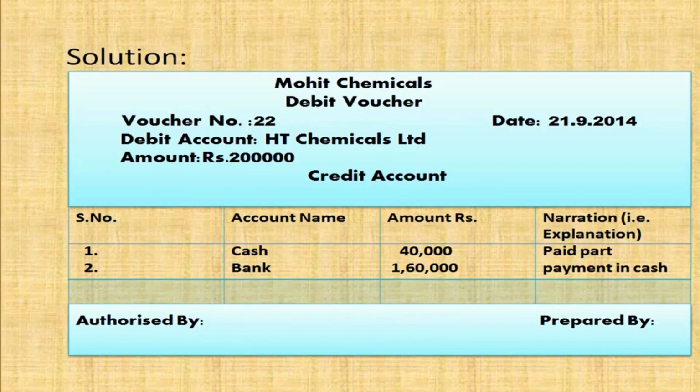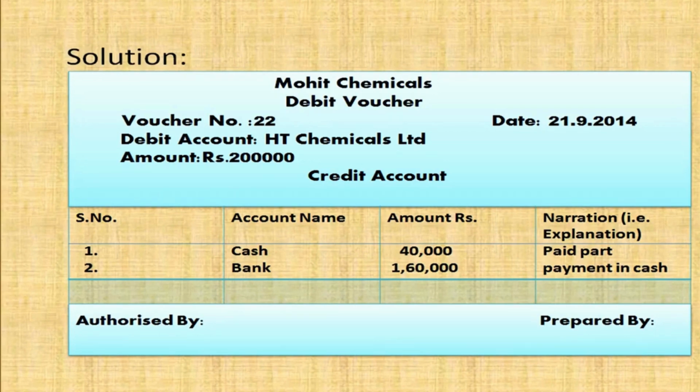Then debit voucher, voucher number, debit account, amount 2 lakh, date, credit account. Cash worth rupees 40,000 is paid, and the remaining 40,000 will be deducted from 2 lakh.